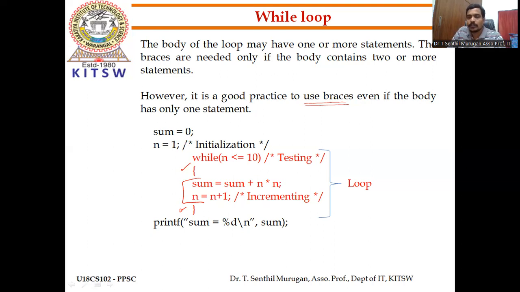Okay. So now you know how to write the while loop. Here is a simple snippet I have given: sum equal to 0, n equal to 1. I declared int n equal to 1, int sum equal to 0. Then I check the value, n less than or equal to 10.